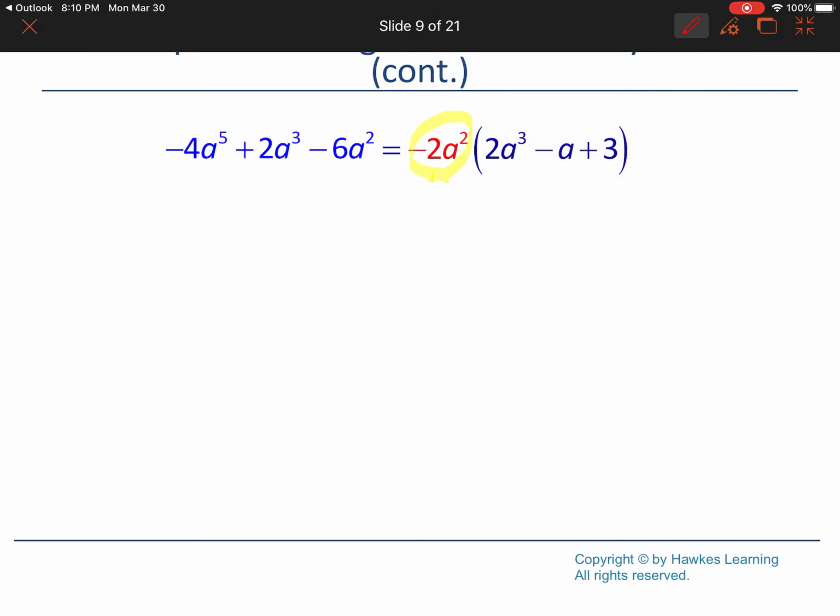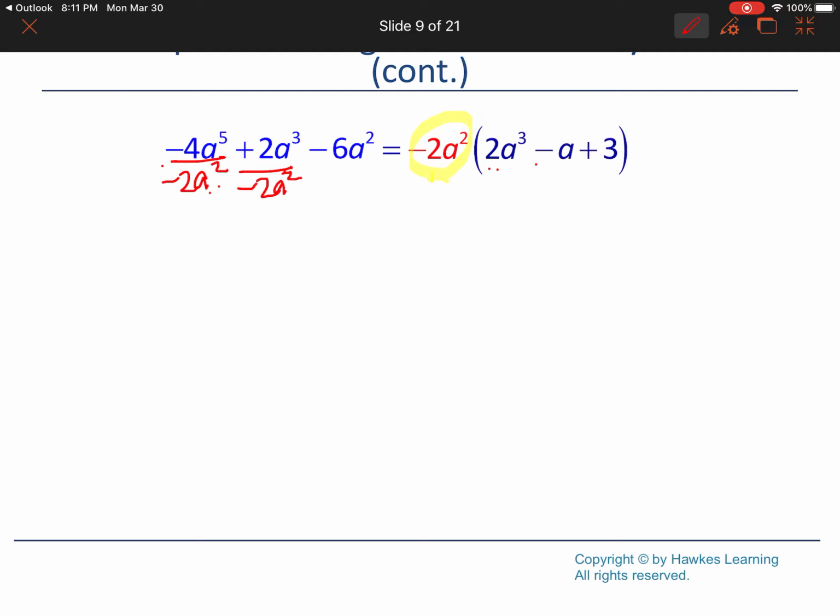Now, how do we figure out these terms if you've got an extra negative? Just remember that when you divide by negative 2a squared, the negatives will cancel each other out, right? And that becomes a positive 4 over 2, which is 2. And then a to the 5th over a squared is a cubed. And this one will divide by a negative 2a squared.